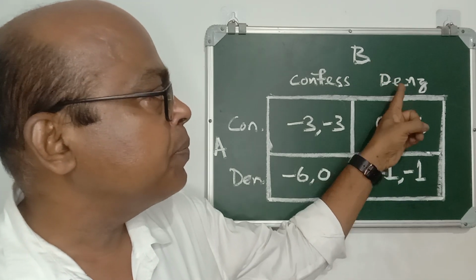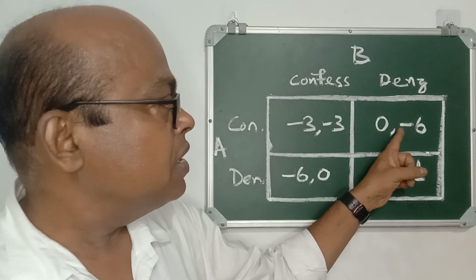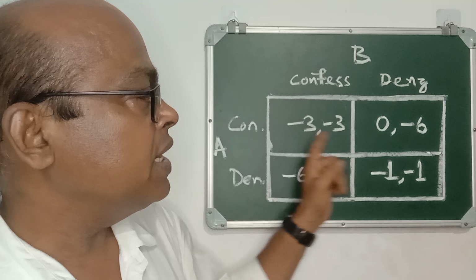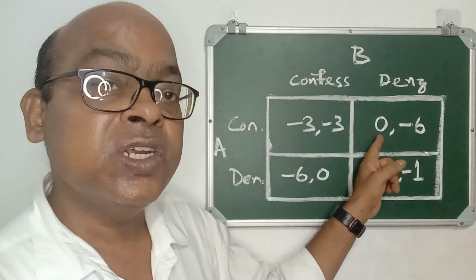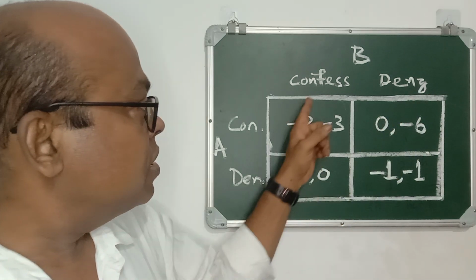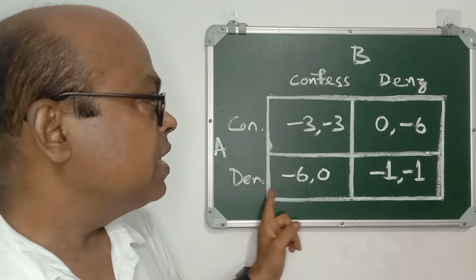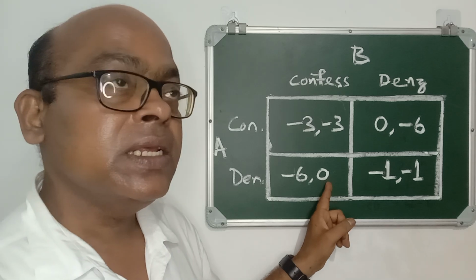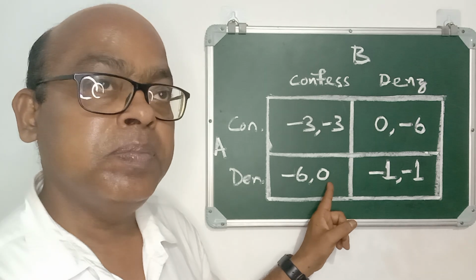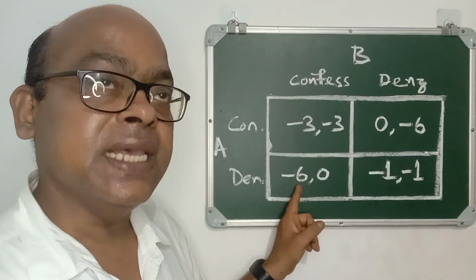If prisoner B denies the crime and A confesses, then A will get 0 prison term. If B confesses but A denies, then B will get 0 months of prison term, whereas A will get 6 months of jail.